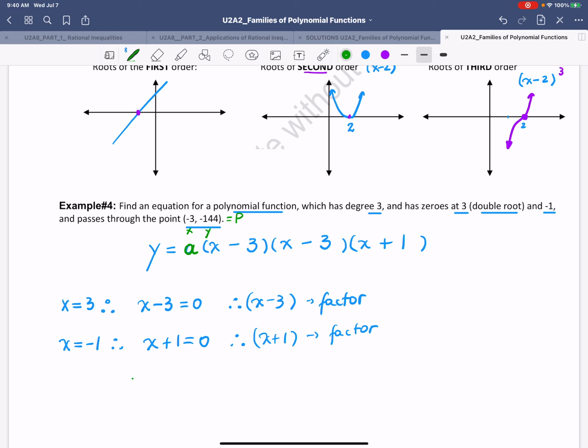So instead of y, I will write negative 144 equals the unknown a, and instead of x, I will be writing negative 3.